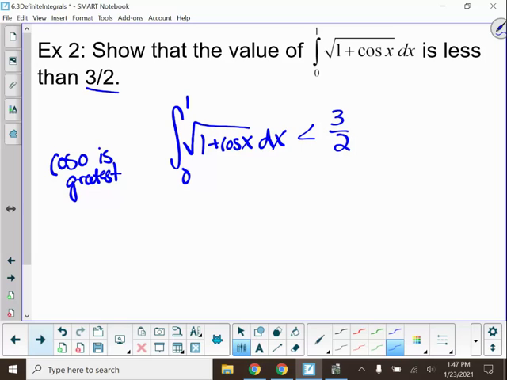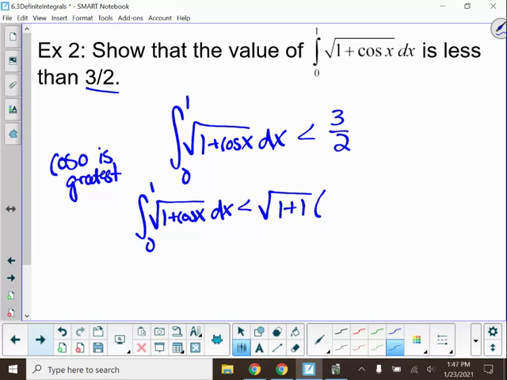So the cosine of 0 is 1. So the greatest value that I have here is the square root of 1 plus 1 times 1 minus 0. Because on this interval 0 to 1, cosine of 0 is going to be the highest value. There's no other way around that.